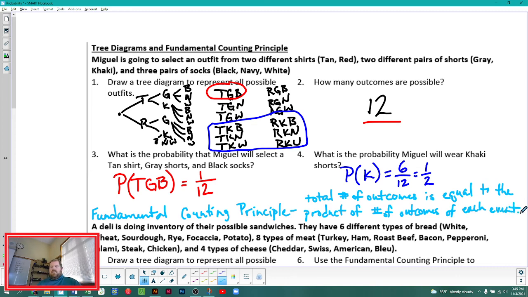Okay. It's equal to the product of the number of outcomes of each event.